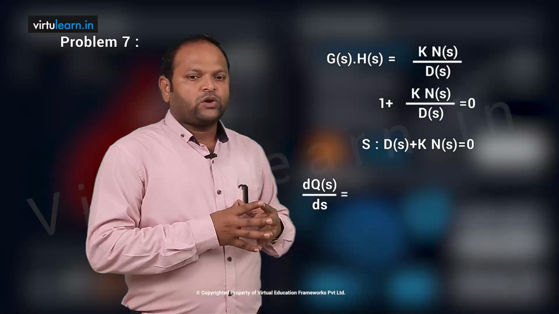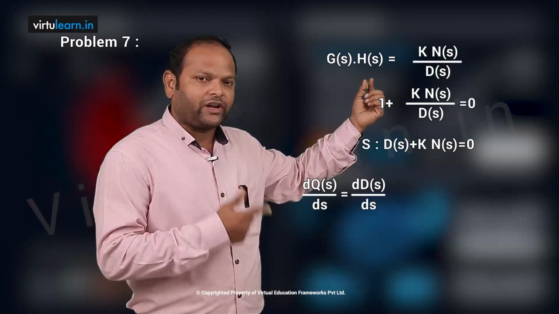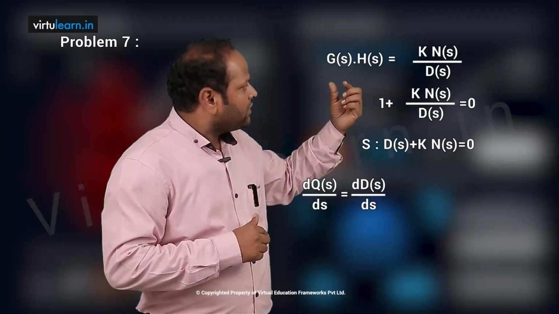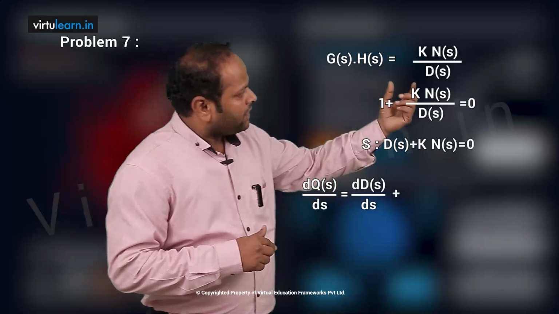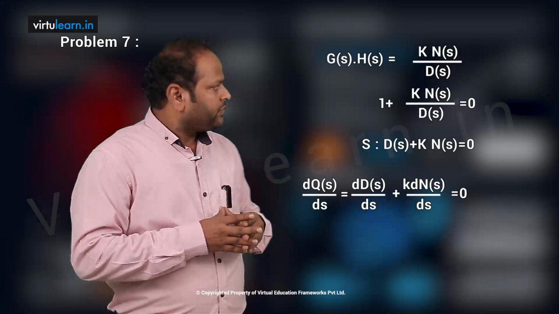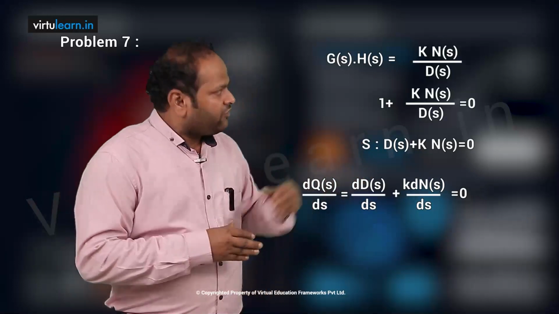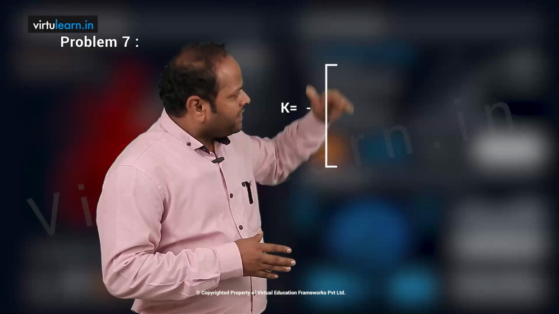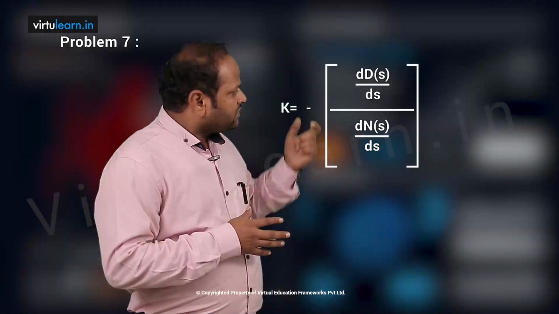So, you get dD of s by ds, where small d is the differential operator and capital D is the polynomial, plus k into dN of s by ds, and equate it to 0. Then if you rearrange this, taking k to the left side, k is equal to minus, in brackets, dD of s by ds over dN of s by ds. So, this is the k.